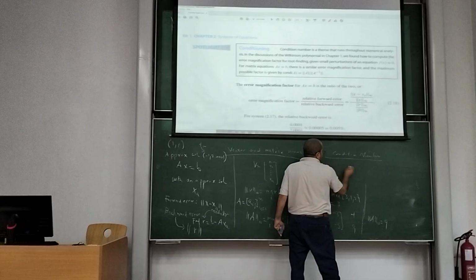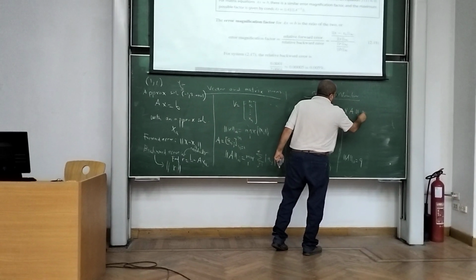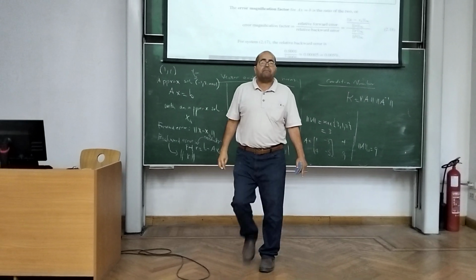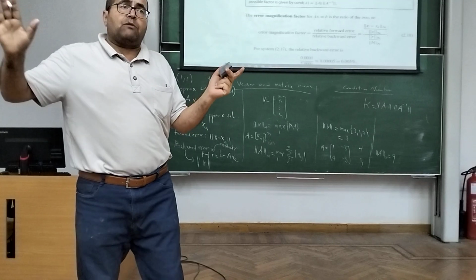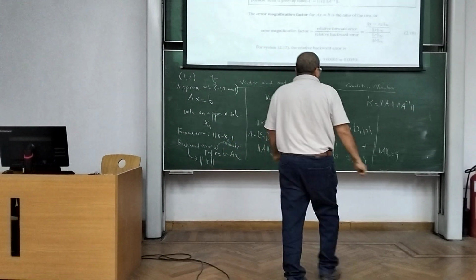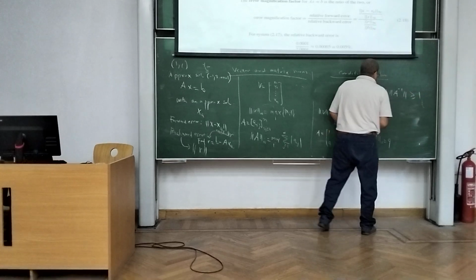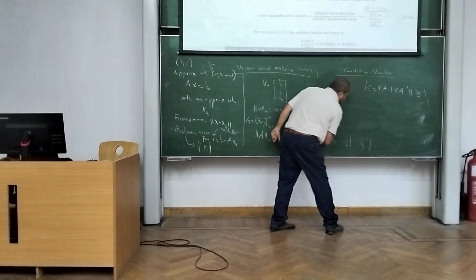For a matrix, K equals the magnitude of A times the magnitude of A inverse. It is normally a number that is larger than 1. But if it is far larger than 1, then that's going to make your matrix ill-conditioned.